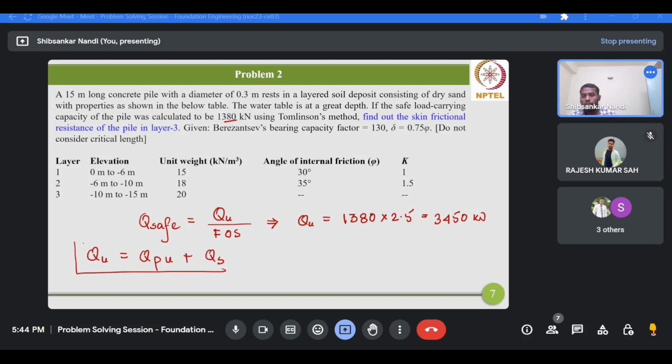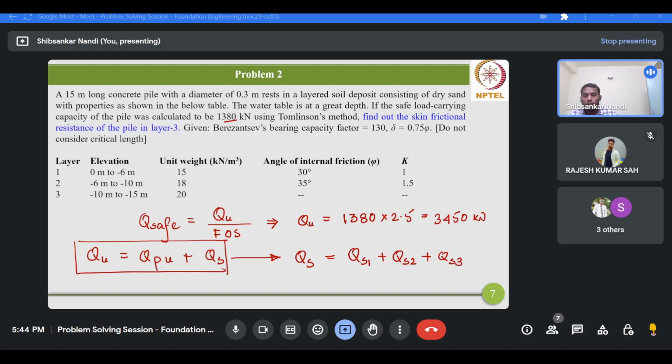Now the ultimate skin friction resistance Qs will have three components because it's a 3-layered soil deposit: Qs1 plus Qs2 plus Qs3.